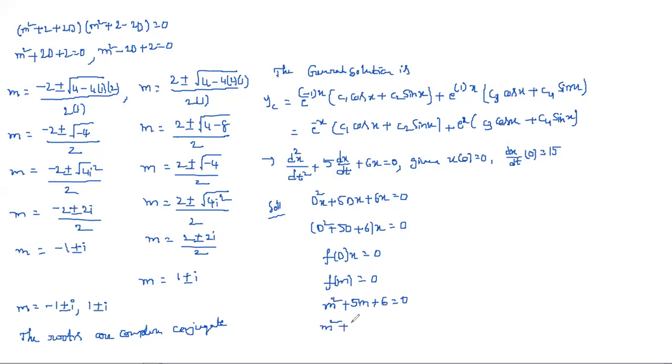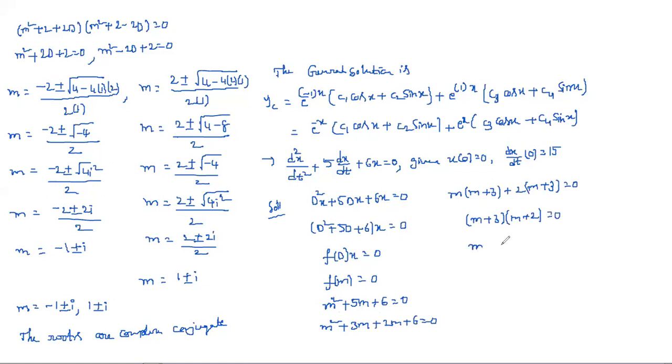Either you can apply minus b plus or minus, or simply directly factor: m square plus 3m plus 2m plus 6 is equal to 0. If you take m as common, m into m plus 3 plus 2 into m plus 3 is equal to 0. Simply we get m plus 3 into m plus 2 is equal to 0.